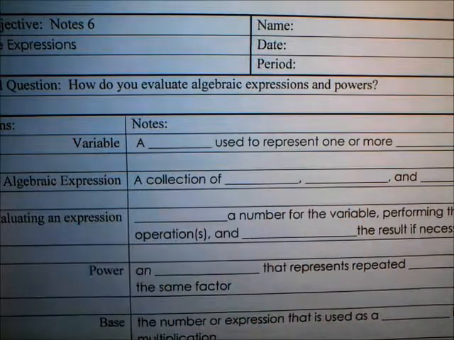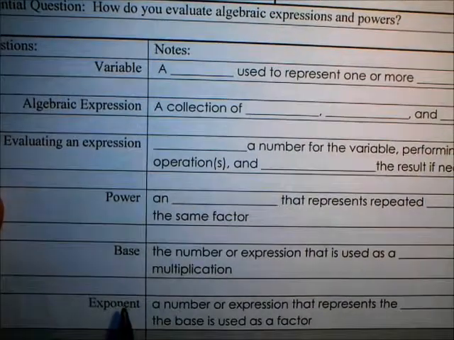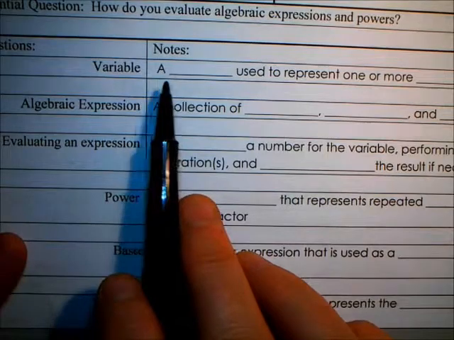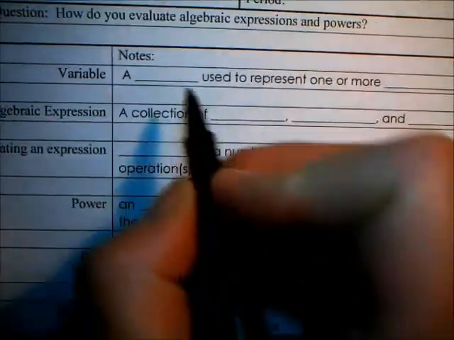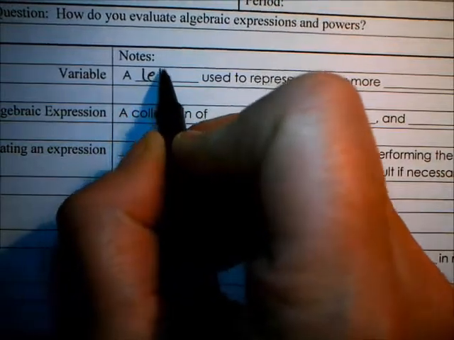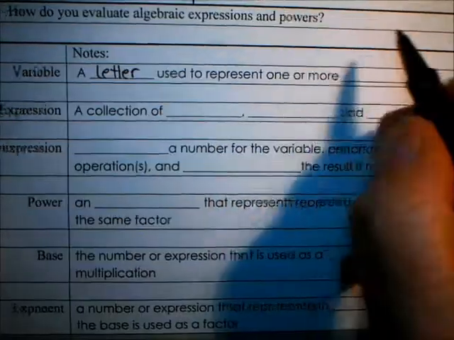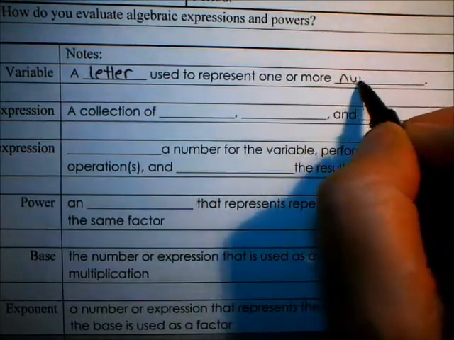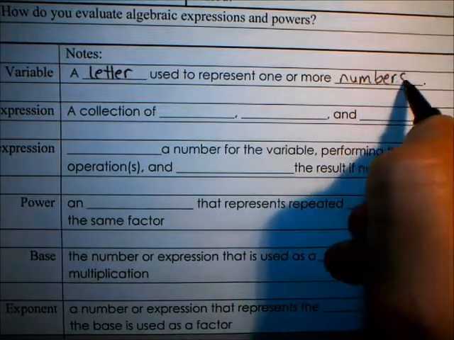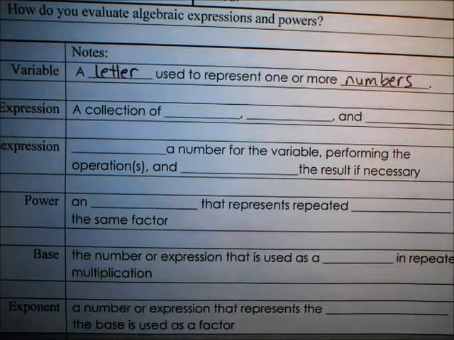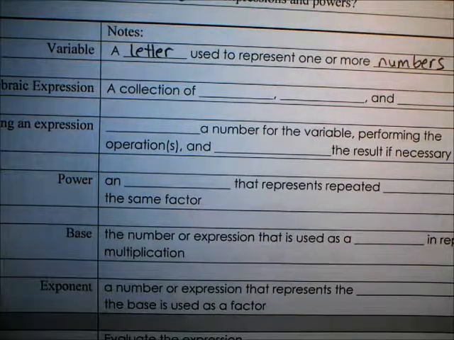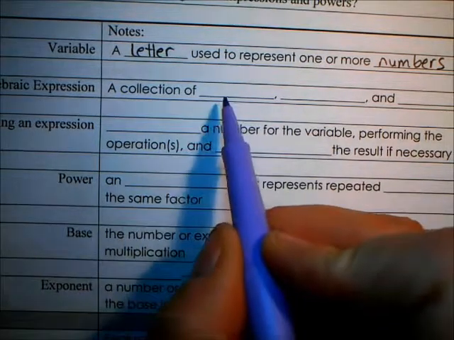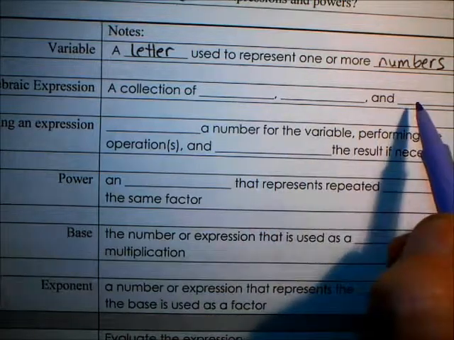So we got some vocabulary words here. It says a letter used to represent one or more numbers. So fill in your blanks. Okay. The second one, an algebraic expression, is a collection of numbers, variables, and operations.